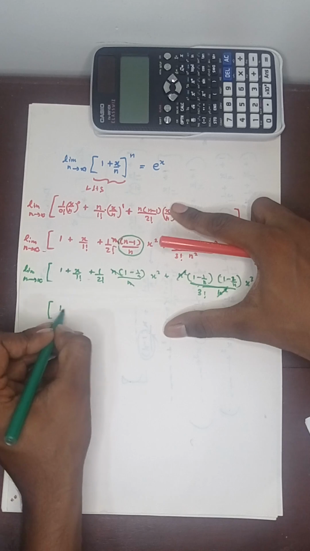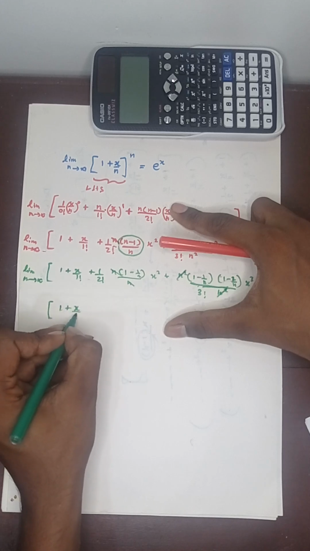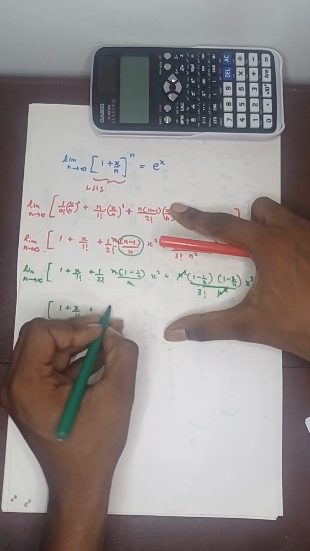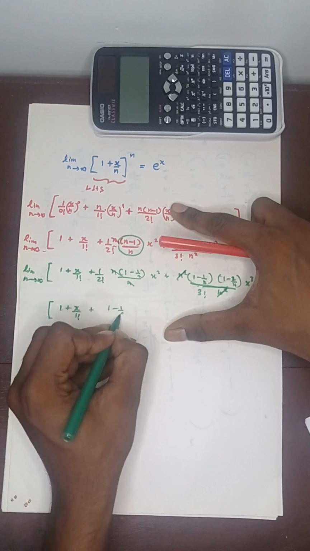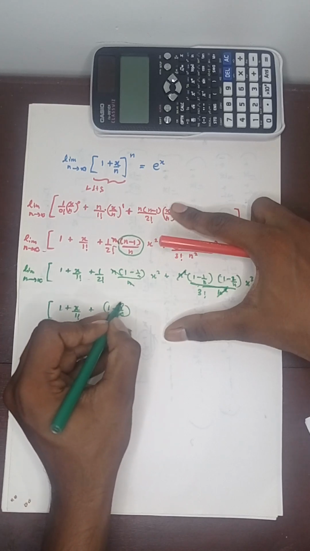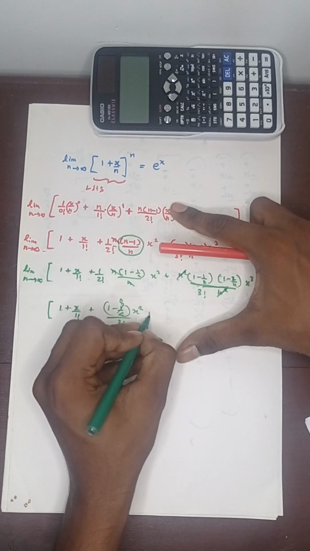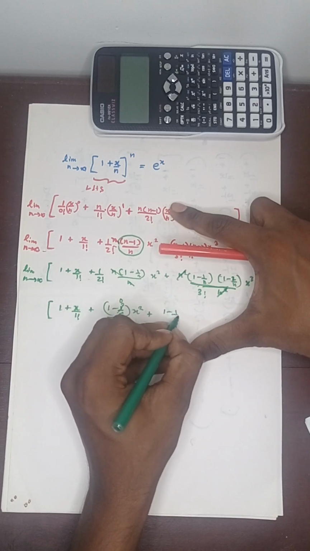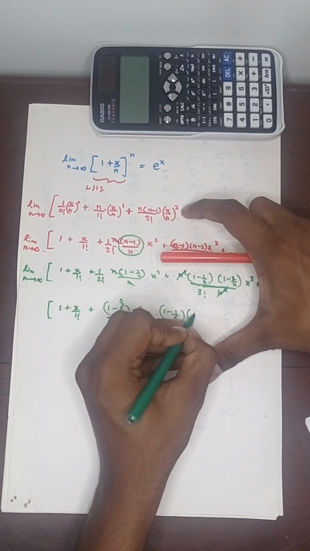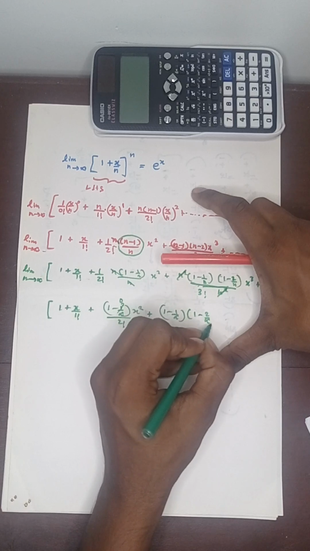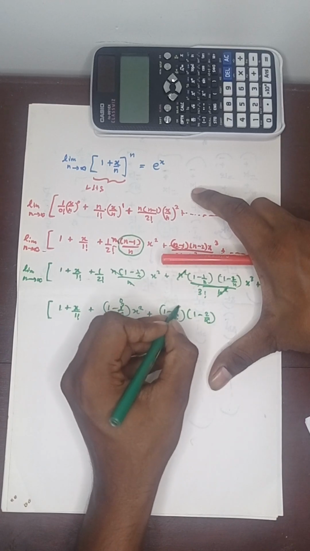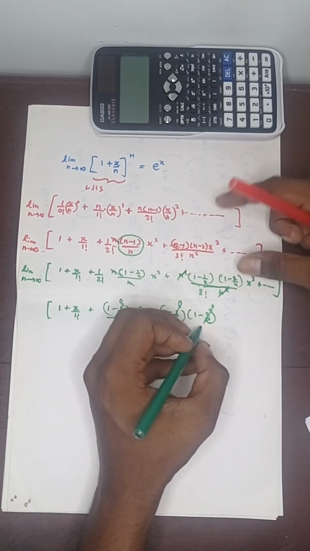Then n tends to infinity: 1 plus x over factorial 1 plus (1 minus 1/infinity), this tends to 0, x squared over factorial 2 plus (1 minus 1/infinity) times (1 minus 2/infinity). This tends to 0, this tends to 0.